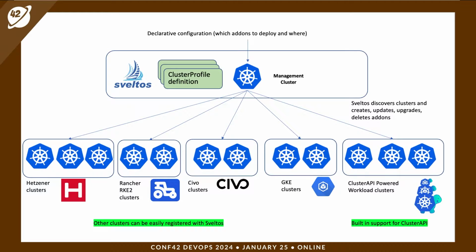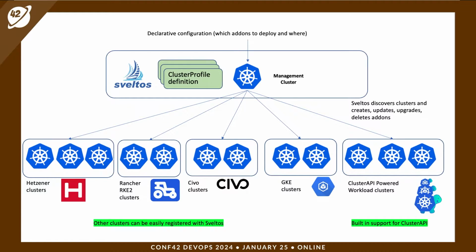For instance, in this case, we have GKE clusters or Civo clusters or Rancher clusters or Red Hat clusters, which are all registered with Sveltos. And at this point, Sveltos can manage add-ons and applications from the management cluster onto these managed clusters. The only requirement of Sveltos is that there is network connectivity between the management cluster and each one of those managed clusters.